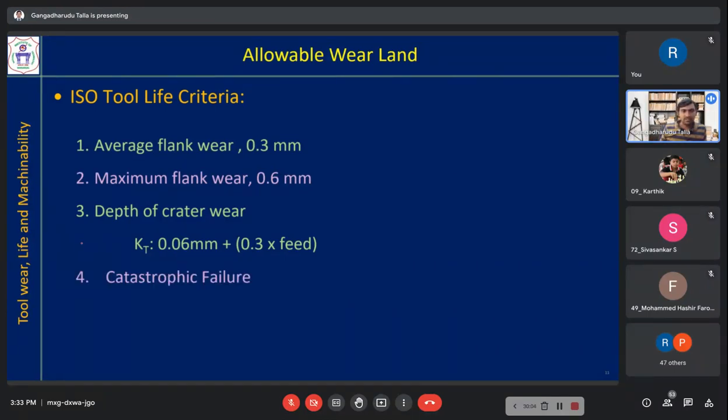And of course, catastrophic failure: the tool has just broken, or suddenly it has lost its shape due to deformation. Then obviously we will say that the tool has failed. So this is how you can say that the tool has failed due to gradual wear.